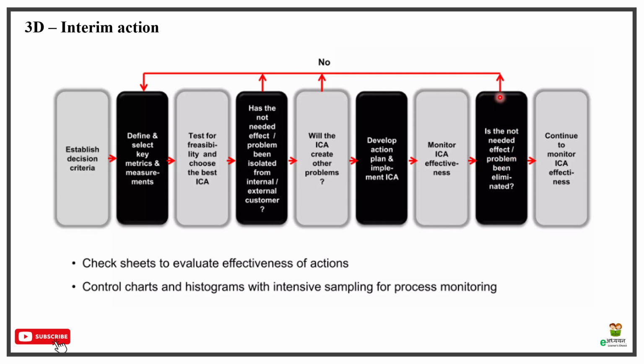If it is not eliminated, go back into the loop again. Similarly, in the fourth step, has the unwanted effect or problem been isolated from the internal or external customer? If it has not been eliminated, then again go back and come through this loop. This is how it is to be used.